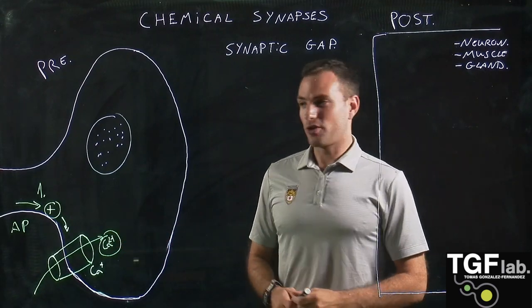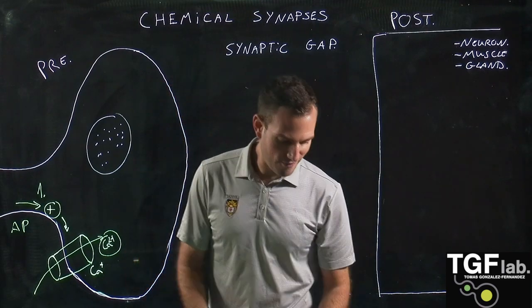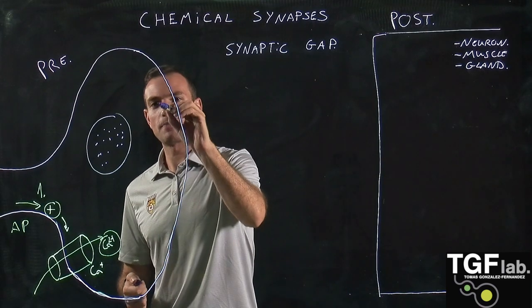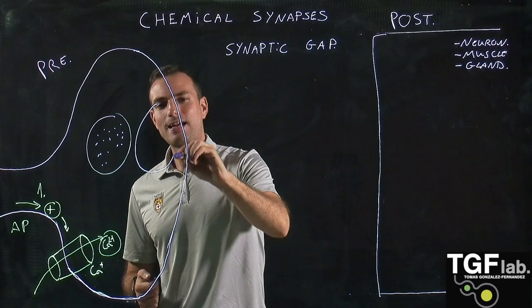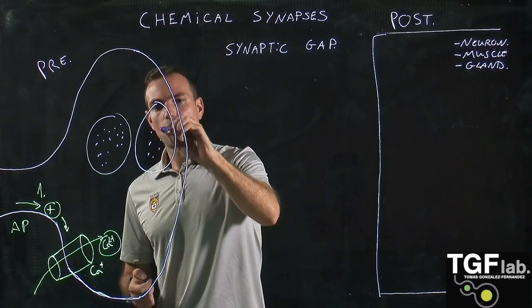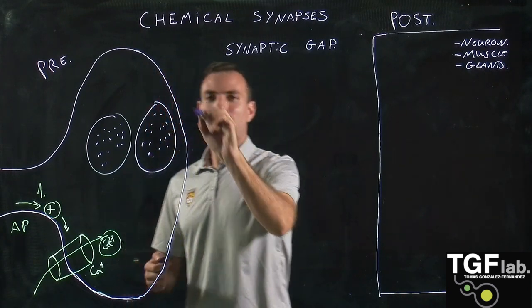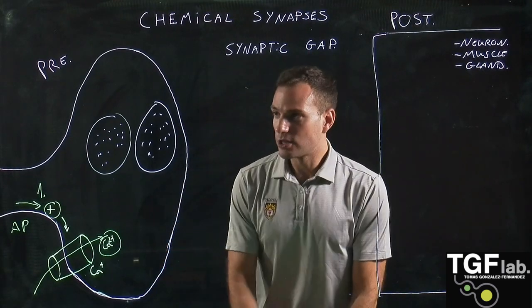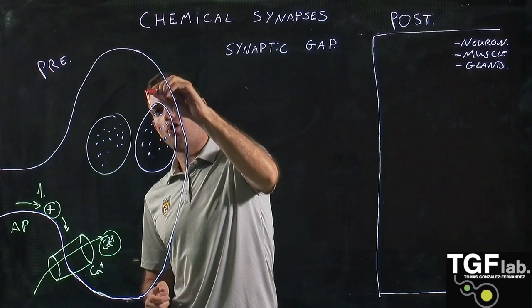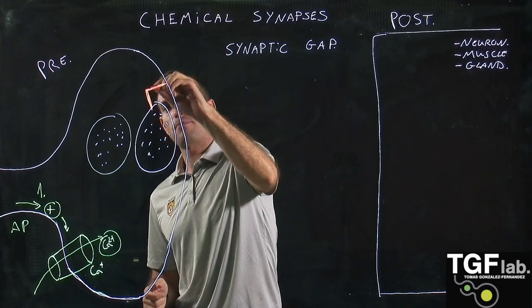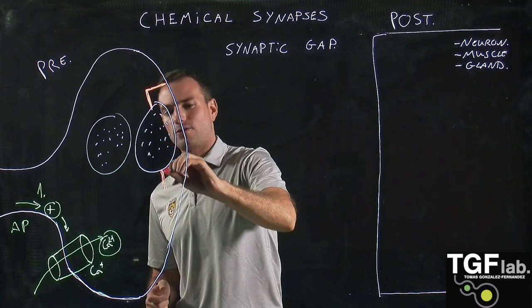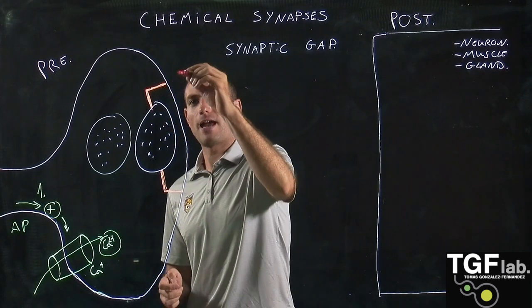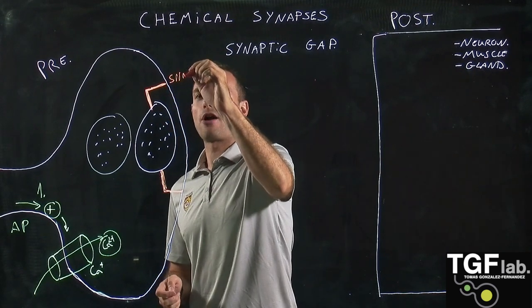Then we have a second process. These vesicles that are charged with neurotransmitters need to fuse with the cell membrane in order to be liberated into the synaptic gap. This process is controlled by three different proteins that we don't need to know the specific names of, but this is called the SNARE proteins.